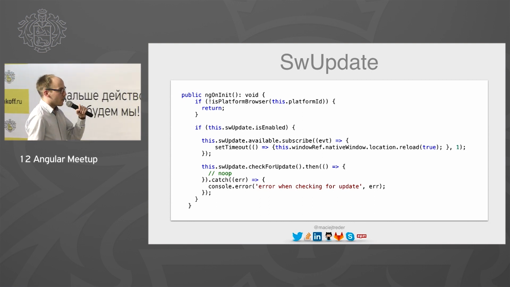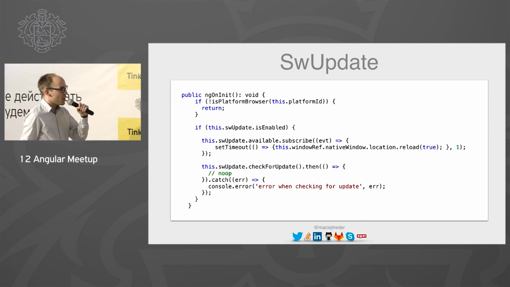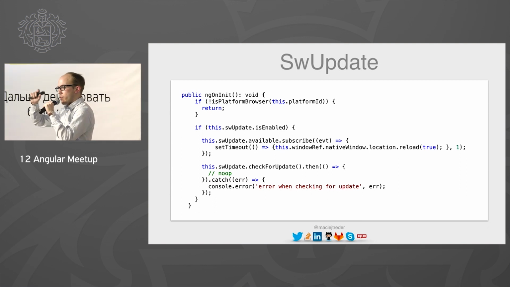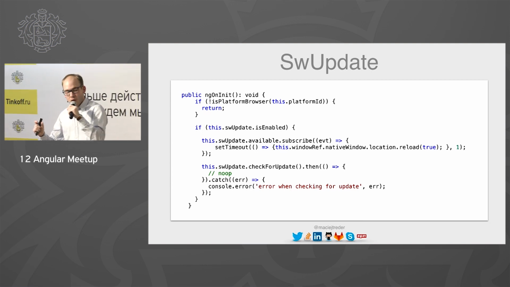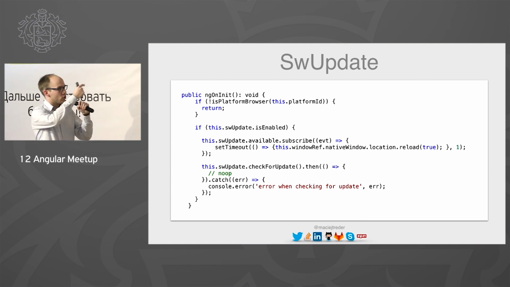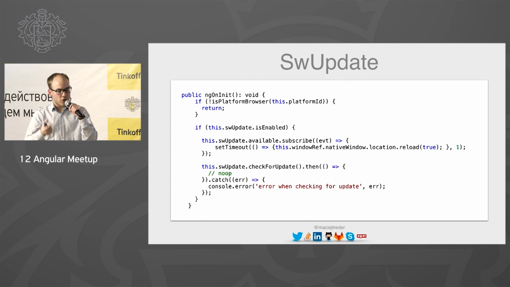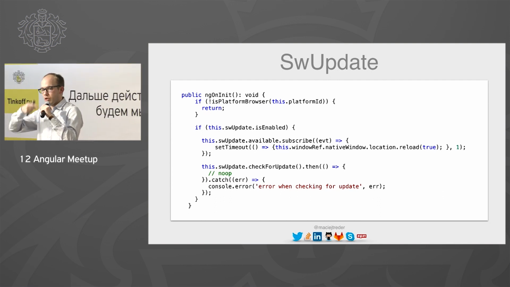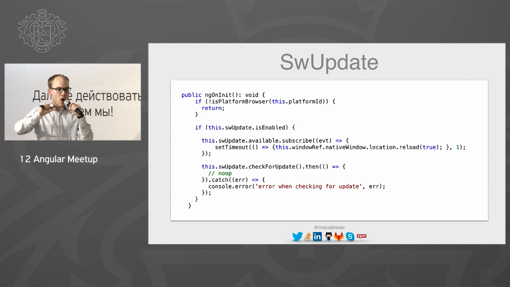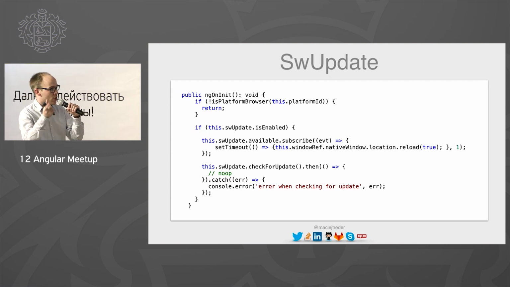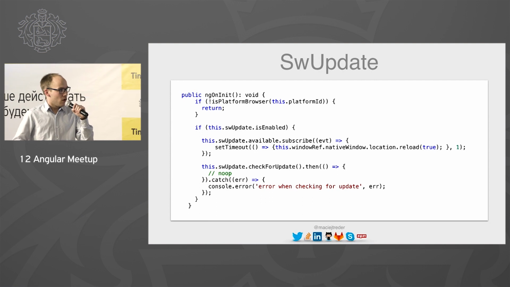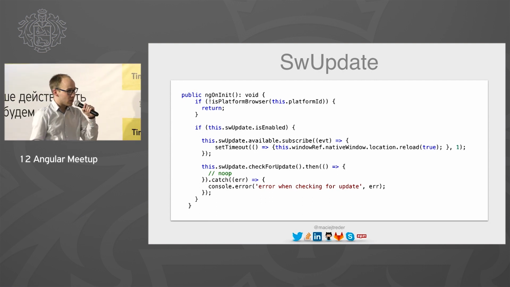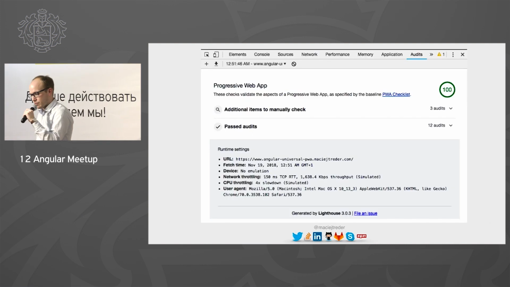Then we check is-enabled, which returns true when the browser supports service worker. If it supports service worker, we are checking if there is a new version available, already installed. And if it is installed, we are reloading the page to switch the old service worker with the new one. And the new one is installed by the check update method.